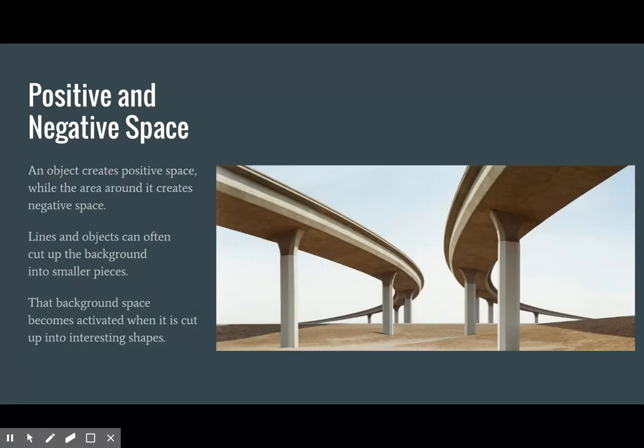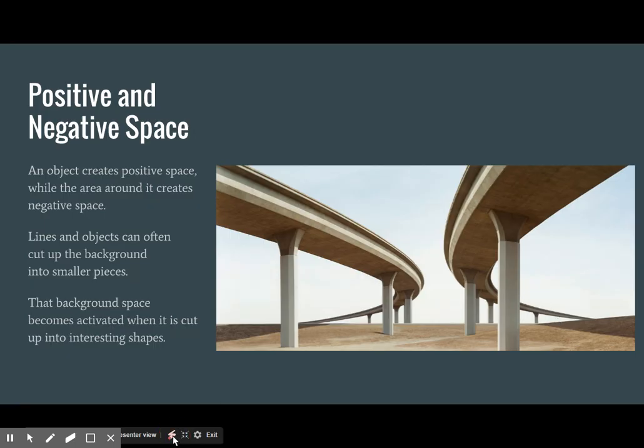The next element of design is positive and negative space. The actual things in your photo, so these overpasses, are positive space. The negative space is the space between them.